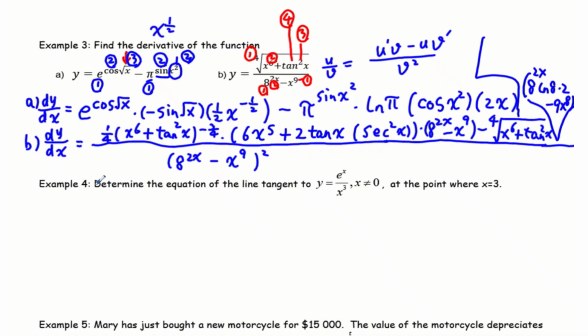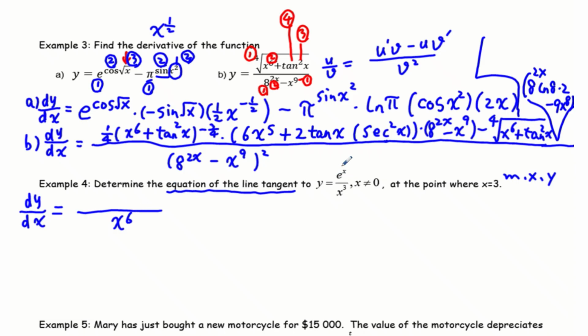So this is example 2, then example 3, then example 4. This one, look for the equation of tangent line again. Then we know for the equation of tangent line, we need to find m, x, y. Then sub into y equals mx plus b to find the b value. So this one, we need to find m first. m is dy over dx equals quotient rule, so the denominator squared.